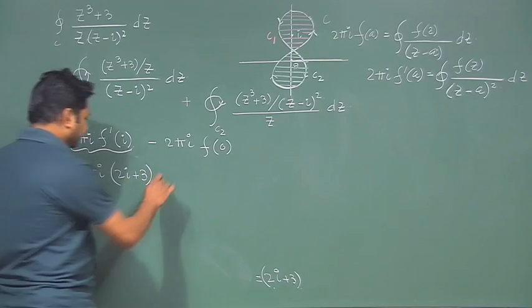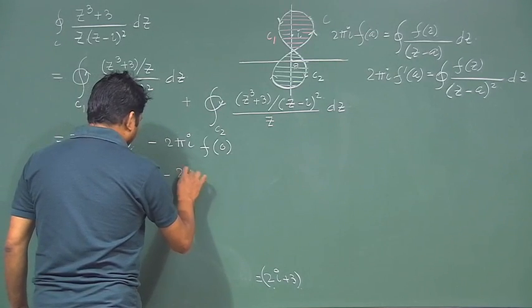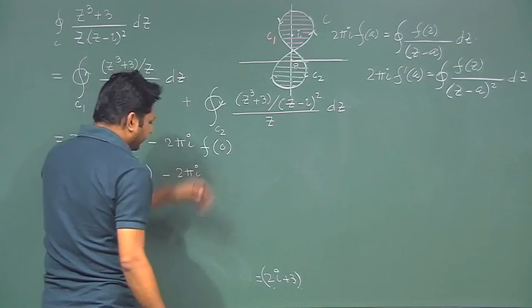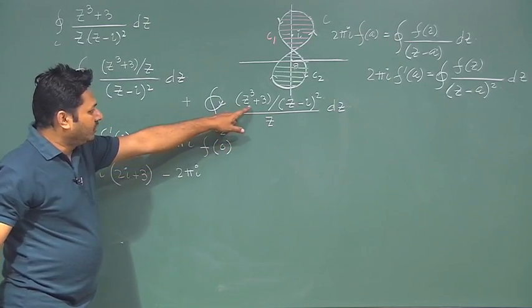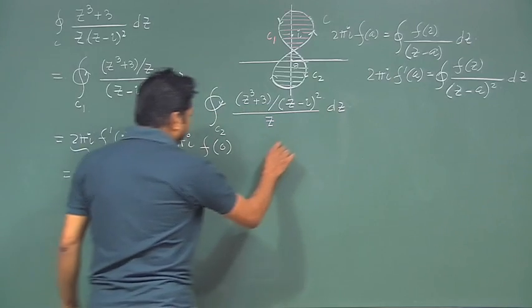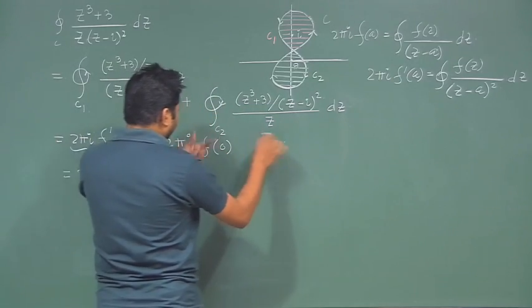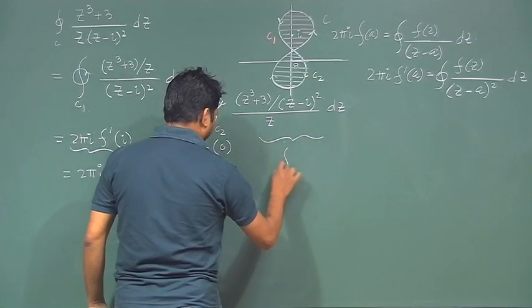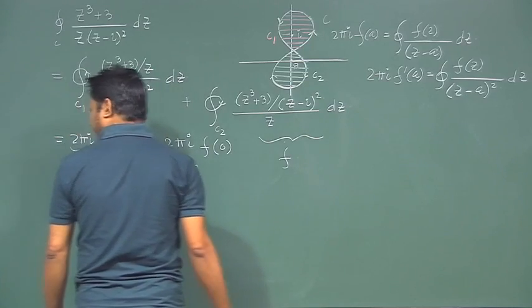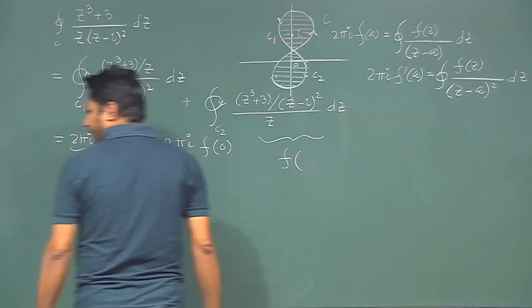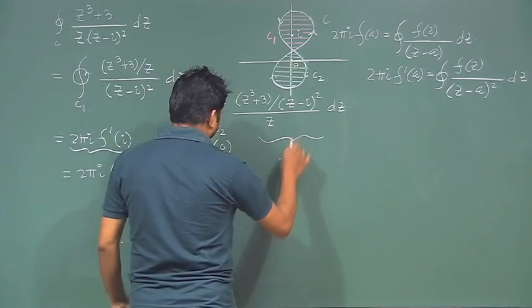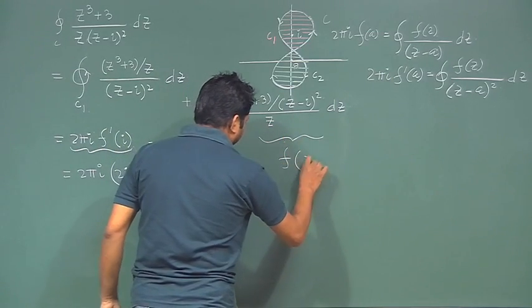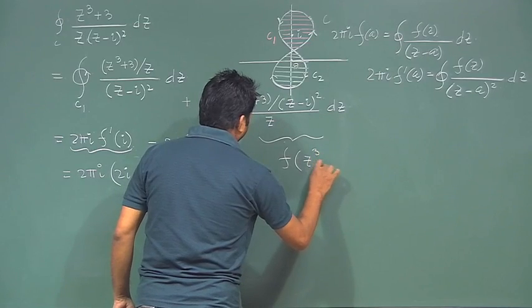Now, the next part is 2 pi i times f(0), which means I need to put the value 0 into this function. For this case, what is my f?